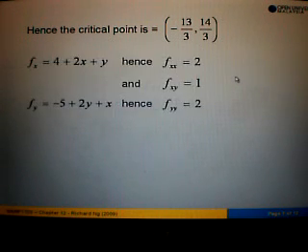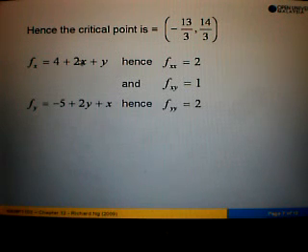In order to determine whether this is a maximum or minimum using the M test, we find fx. fx we already have. From fx we find fxx. When we differentiate, 2x gives us 2. The rest don't have x, we ignore it. So the answer is 2.